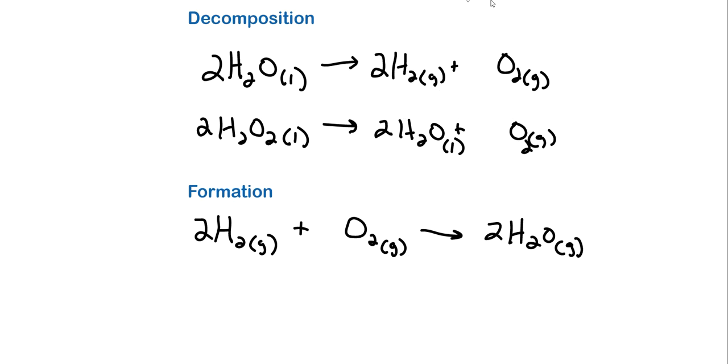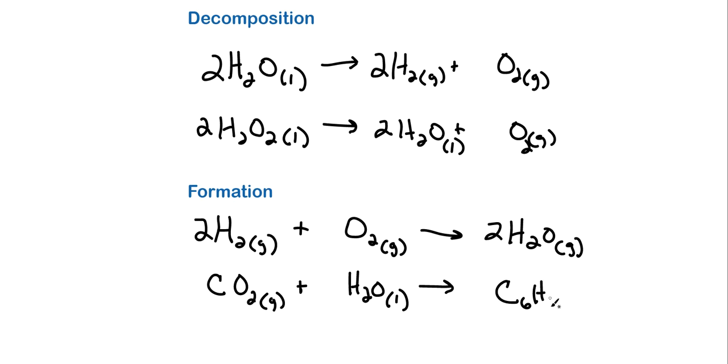Let's use a different one, going back to biology. We know that plants take carbon dioxide gas plus water, usually a liquid taken up through there, and they make sugar out of it.